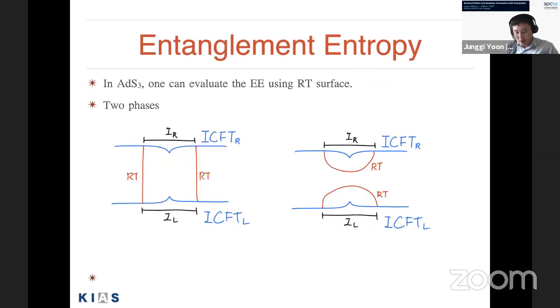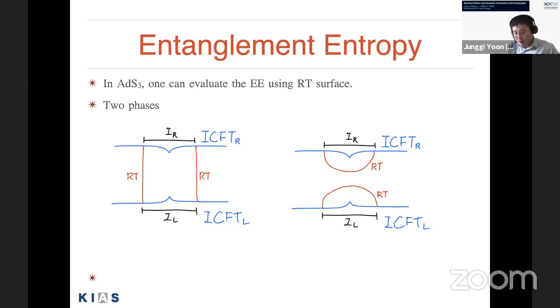And the entanglement entropy, as you know, is very easy to calculate in AdS3. We consider this two-sided Janus black hole. We have an interval on the right and an interval on the left. As you know, there would be two types of Ryu-Takayanagi surface: one which connects the left and right, or this disconnected Ryu-Takayanagi surface.